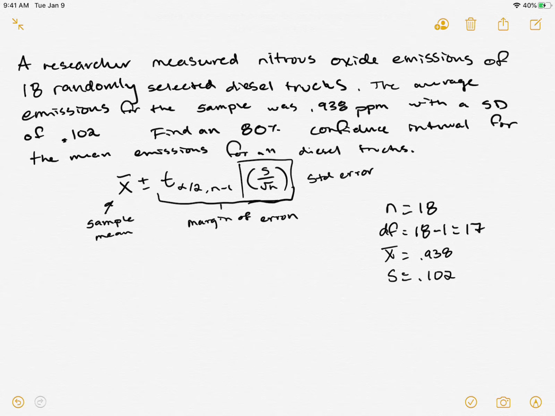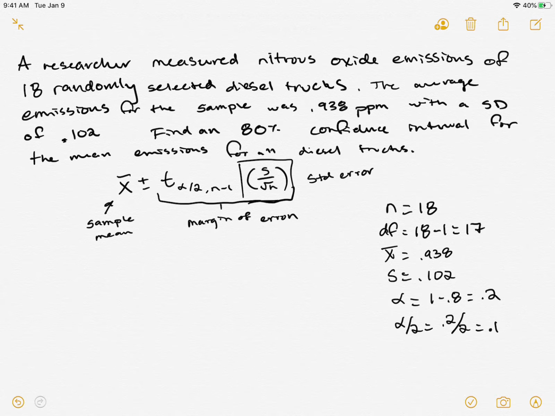The only thing we need left is our t critical value. We're doing an 80% confidence interval, so to get alpha, we do 1 minus whatever level of confidence we're doing: 1 minus 0.8, which is 0.2. Then to look it up on the table, we want alpha over 2, so 0.2 divided by 2 is 0.1.